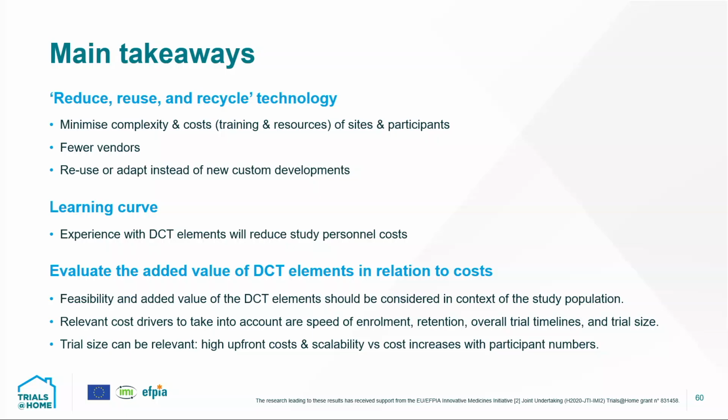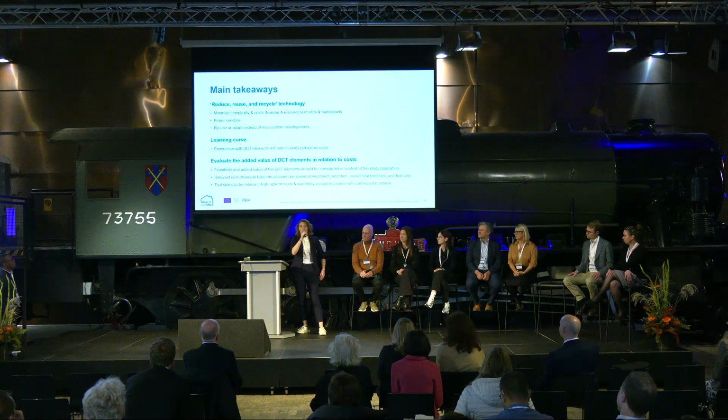And also, trial size can be relevant to think about when you think about trial costs in relation to DCT elements. Certain elements are associated with really high upfront costs, such as the development of a certain platform or trial. But this platform could be used in several trials, maybe later on, the reduce, reuse, and recycle, and not just different trials, but also for a lot of different participants.